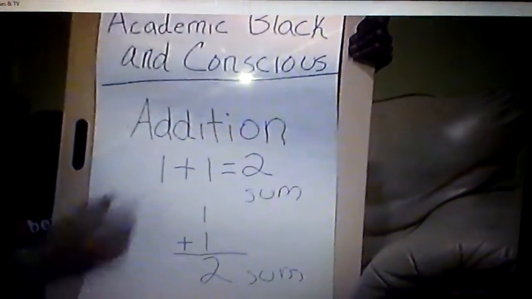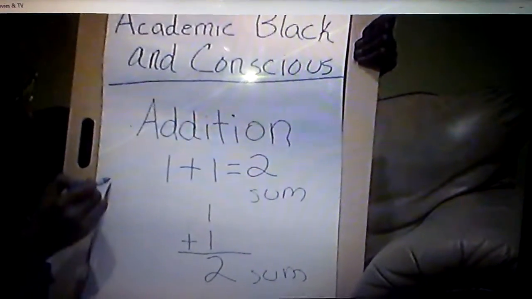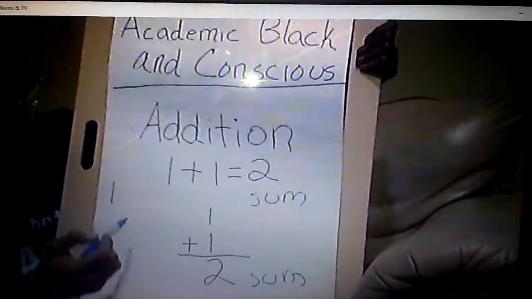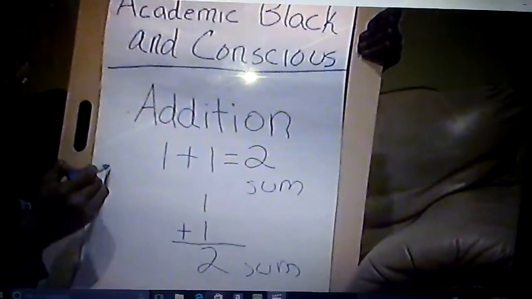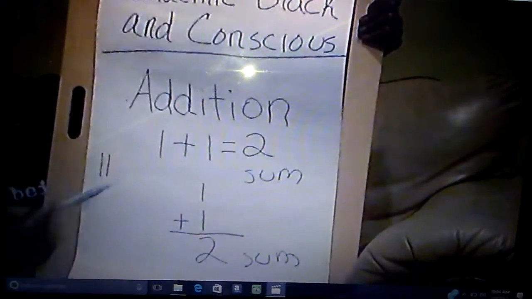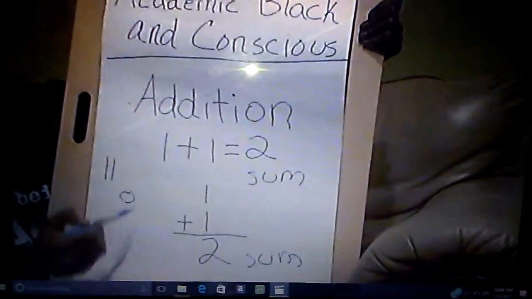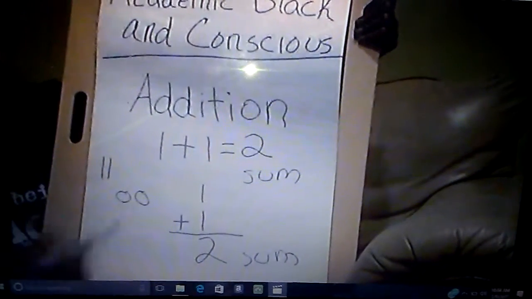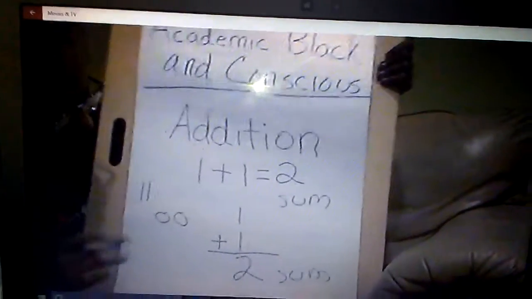Okay? Very simple concept. If you were to do this with lines, it would be one line, and another line, that's two lines. If it was circles, one circle and one circle equals two circles. So it's a very simple concept.